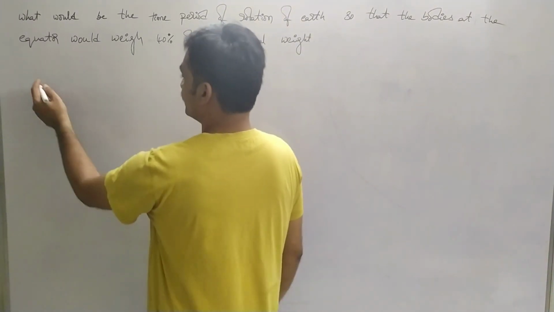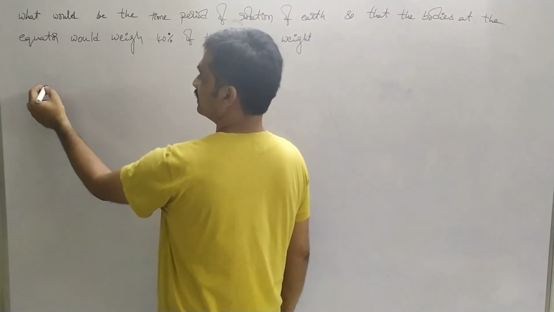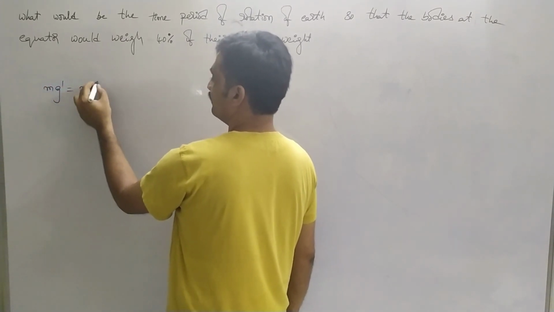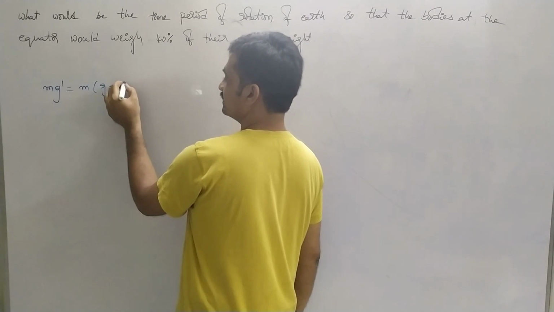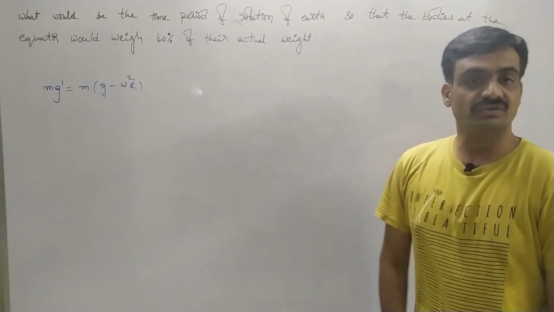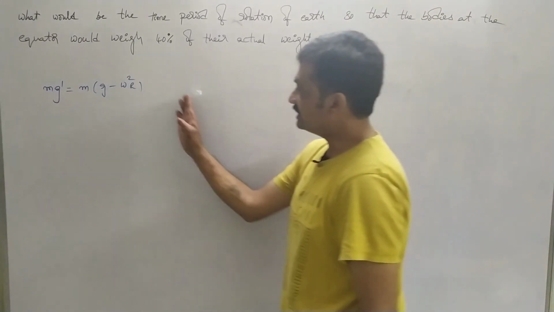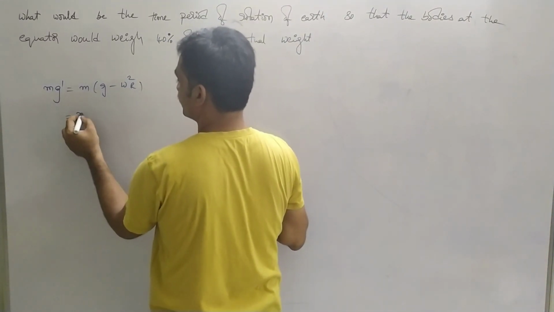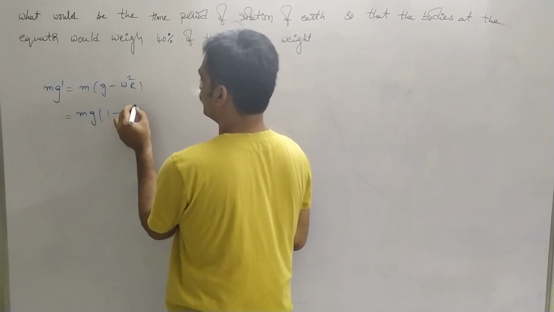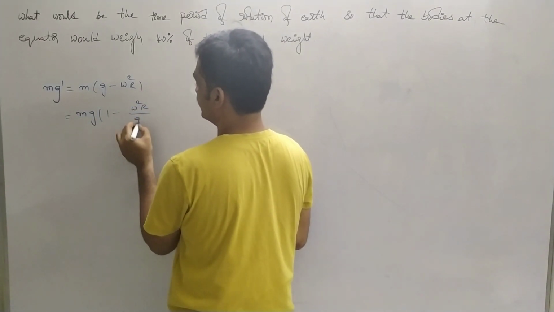Here we know that the gravitational force at the equator is represented as mg dash equals m into g minus omega square r. Taking g as common, it can be represented as m into g into 1 minus omega square r by g.